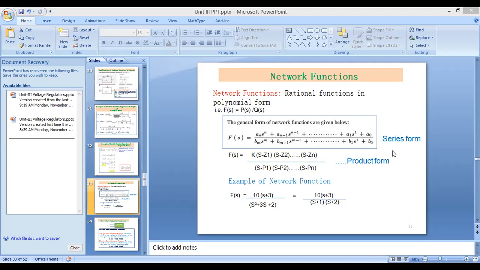Then we studied the Laplace transform, which we can use to solve differential equations in a very simple manner.